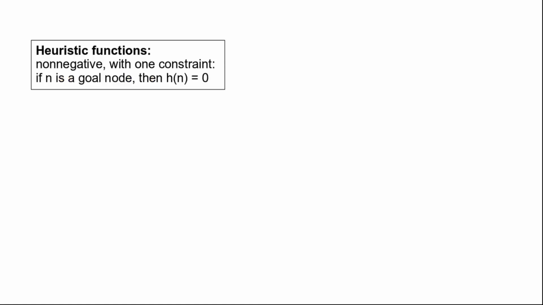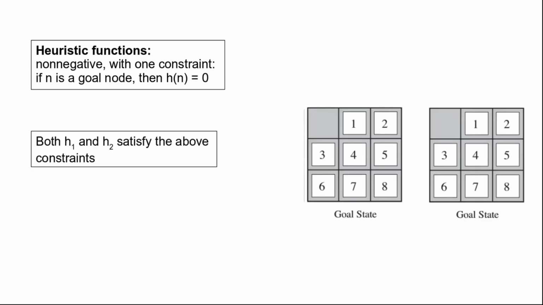In one of the earlier classes we have seen that the heuristic function needs to be non-negative, and with the constraint that if n is the goal node, then h of n should be equal to 0. Now the two heuristic functions that we discussed today satisfy these conditions.